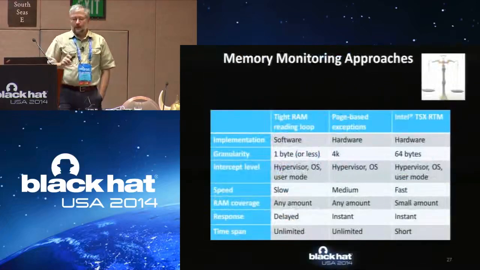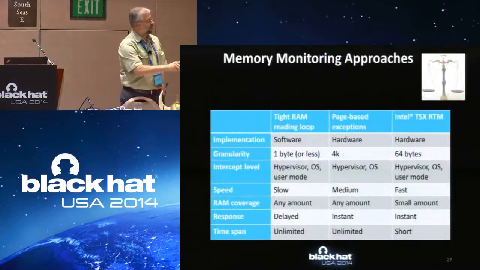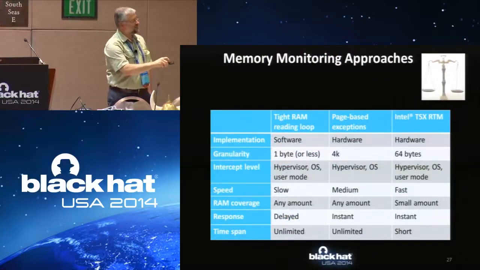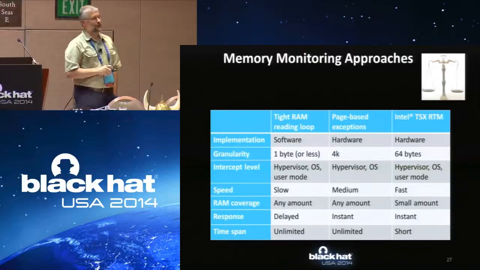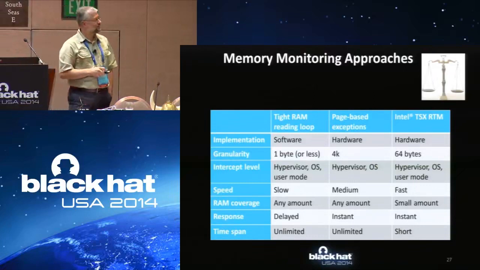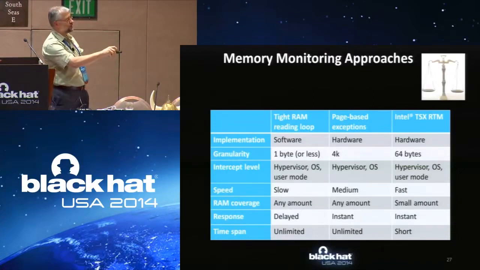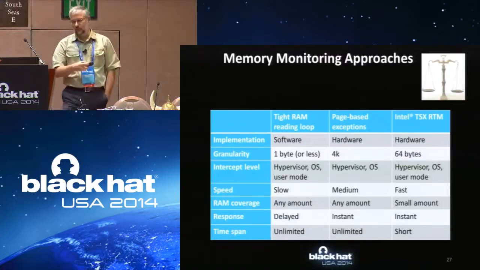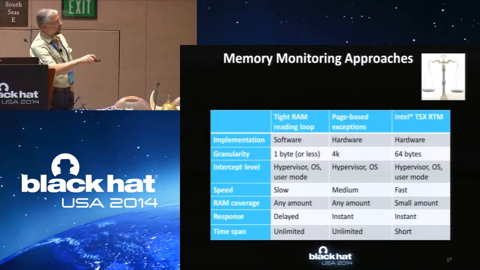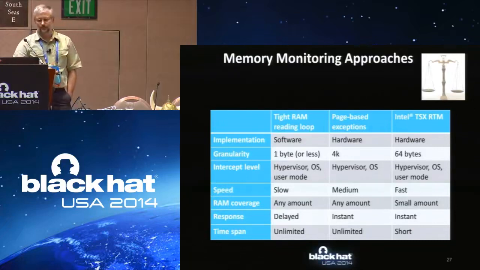So if we write a table which is comparing tight memory reading loop, page-based protection, and transactional memory type of support, and evaluate these memory monitoring technologies on several different levels, we can see that the tight memory loop runs in software, while page tables and TSX actually have hardware support.